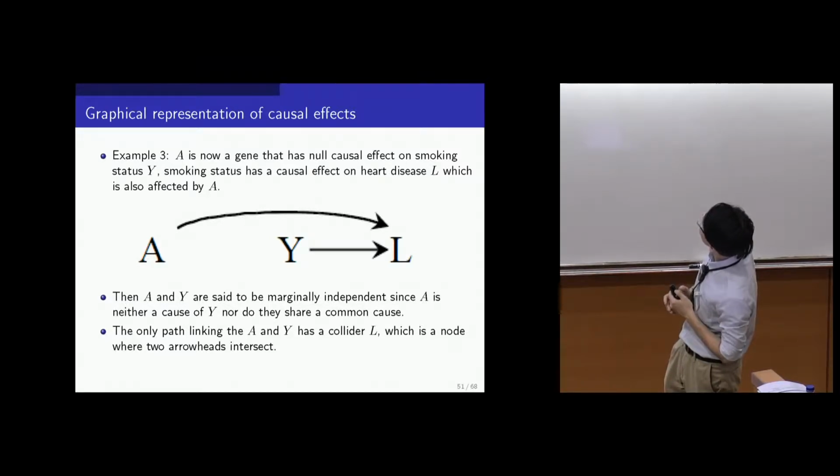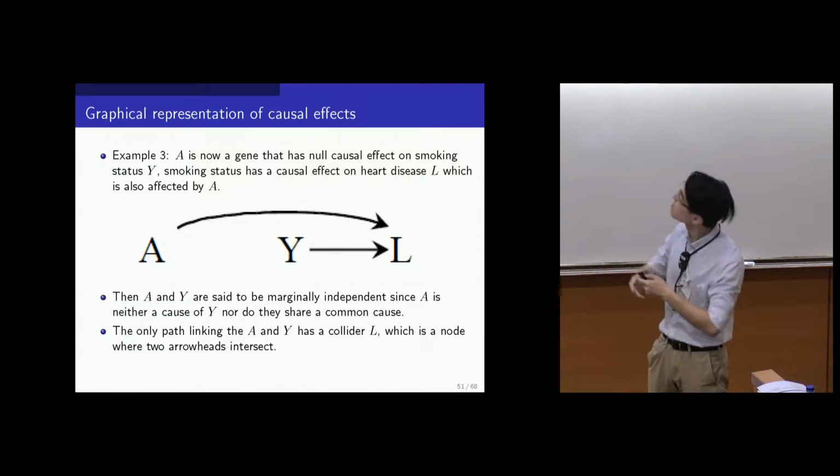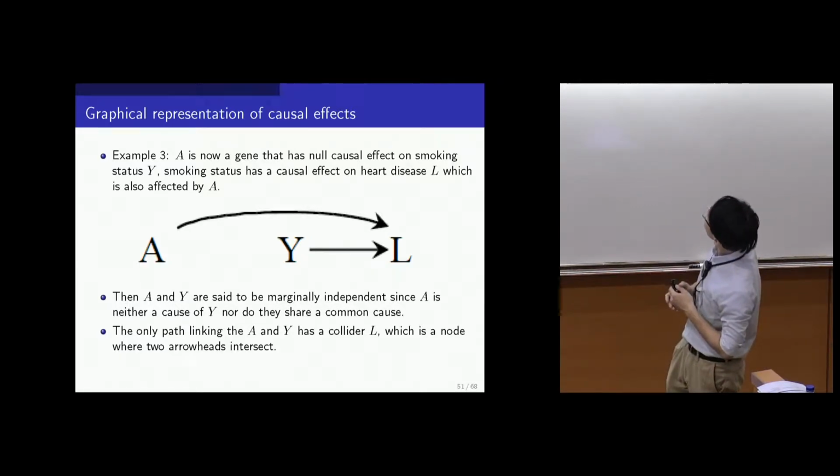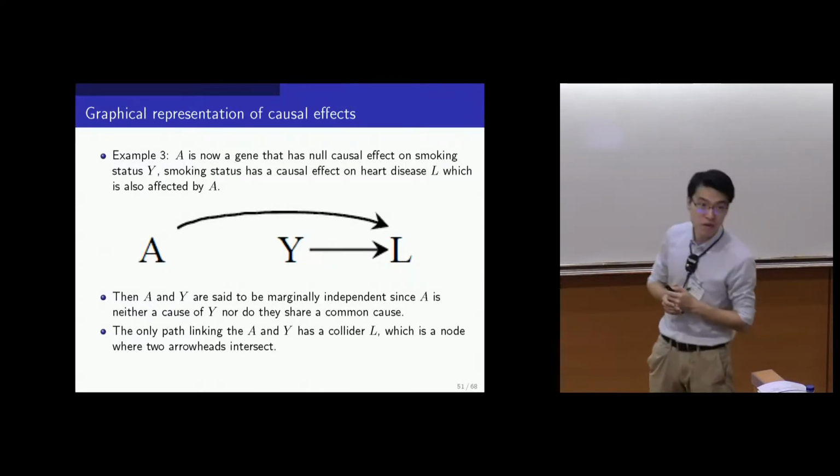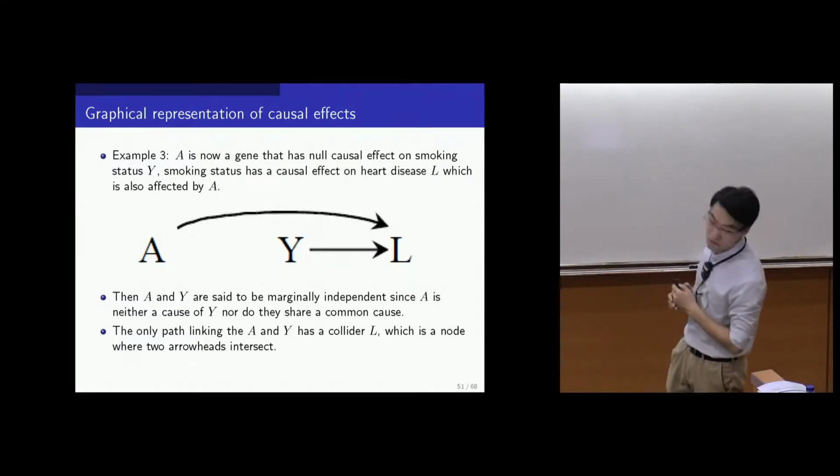So the only path linking A and Y is through this collider L, which is a node where two arrows intersect. So here A and Y are said to be marginally independent because the collider L sort of blocks the path from A to Y.